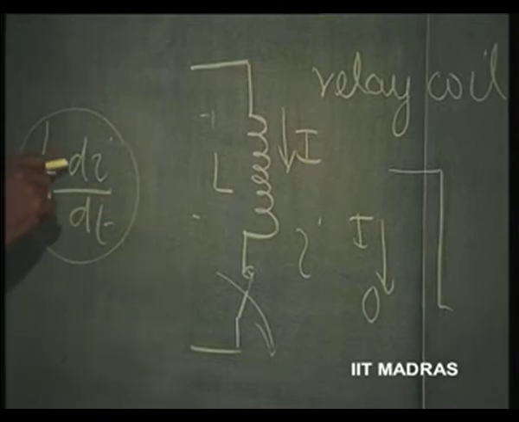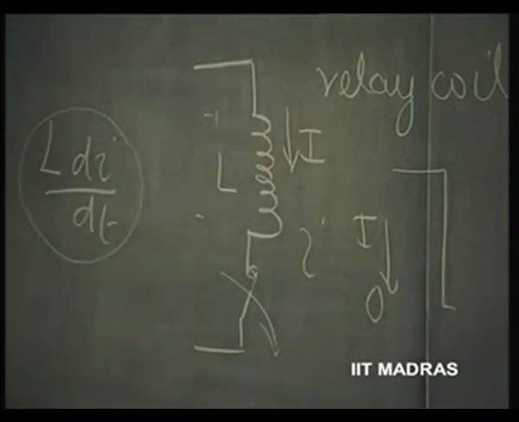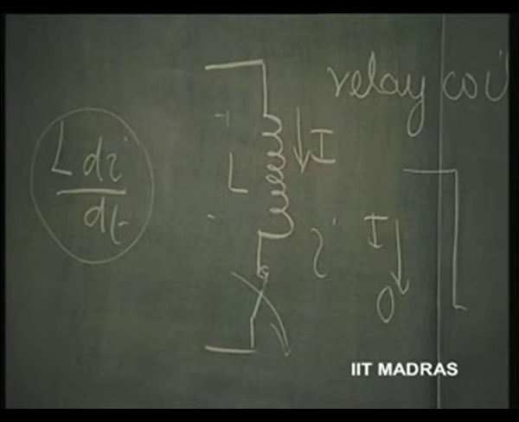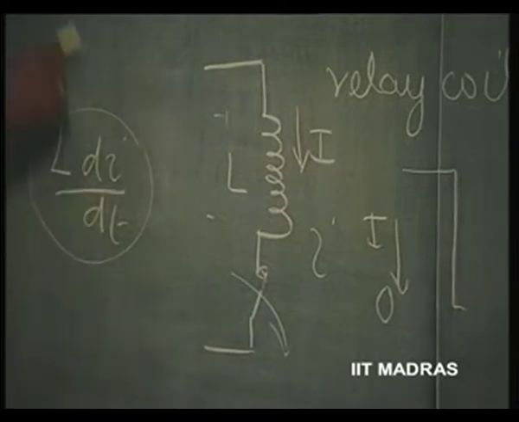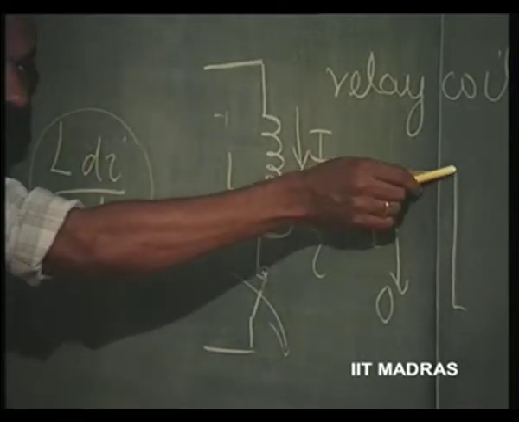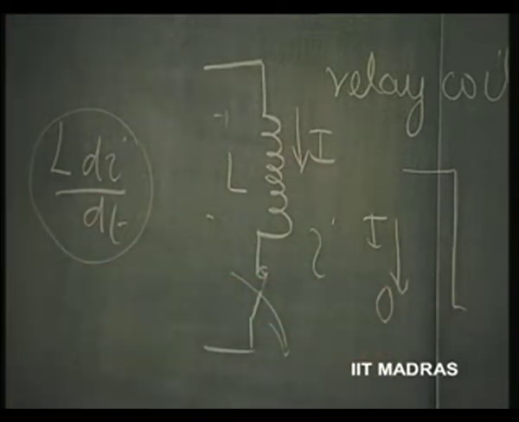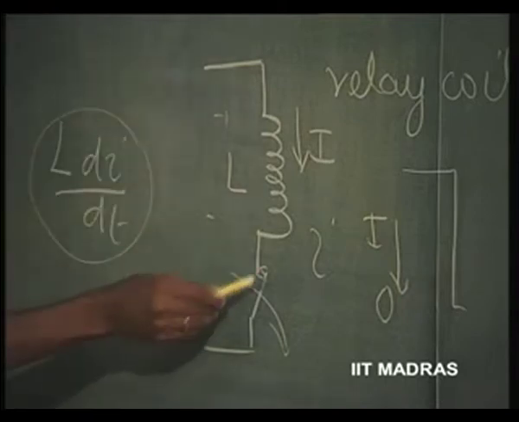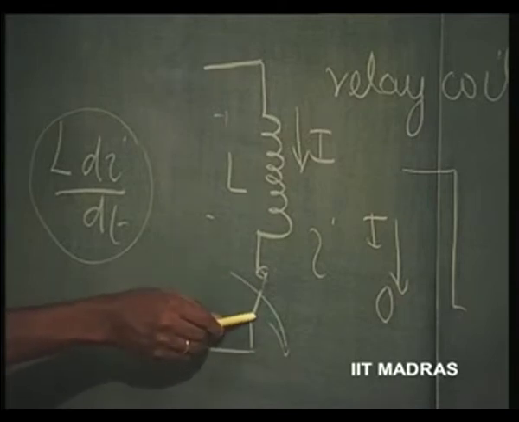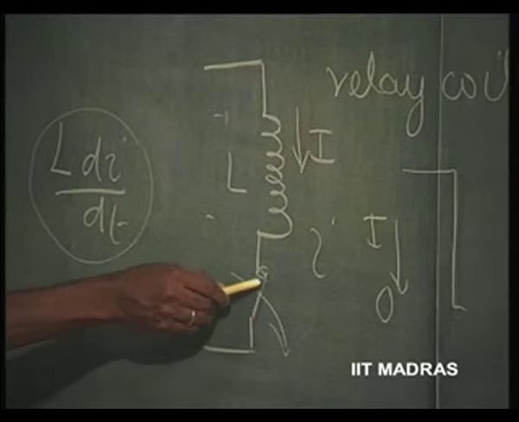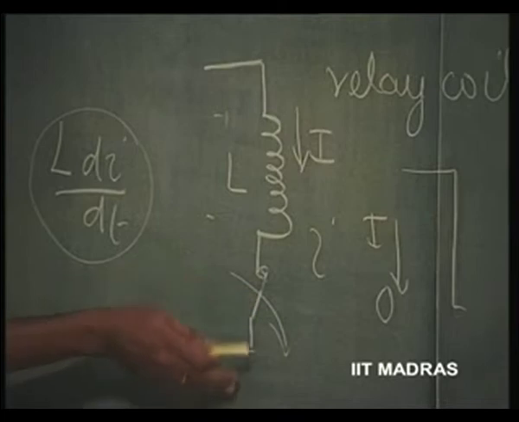That is mainly because you are trying to force dI by dt to 0. It is changing suddenly from a finite value to 0. So, the induced voltage across the inductor suddenly goes to a very high value. Then the voltage across the open switch goes to that higher value, and it breaks down. There is arcing here.